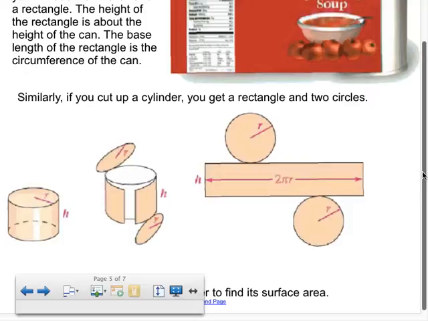Now, do you guys remember the formula for area of a circle? What is it, Ola? 2 radius times pi. He's thinking about circumference. You're thinking about the distance around, right? What I need is the area of a circle.